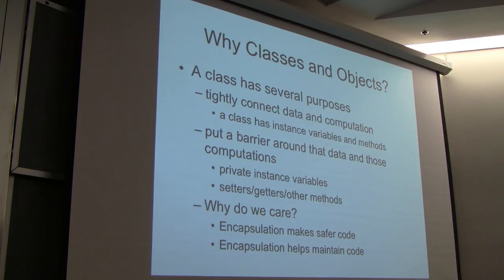That makes sure people use the data appropriately. We believe this style of programming allows for safer, more bulletproof code, and it helps us maintain code. In other words, we can make changes more easily. I want to look at some examples, and hopefully you'll see why I think that's true.